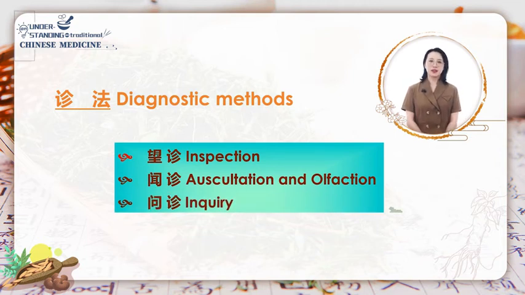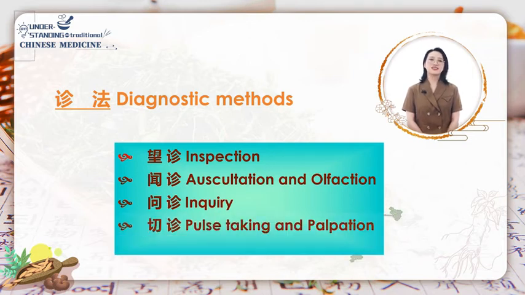By asking the patient questions, the practitioner can collect all the information about the onset, progress, and symptoms of the disease. And the last one is a very special method of TCM, that is taking the pulse and palpation. We will give detailed explanations in later chapters.